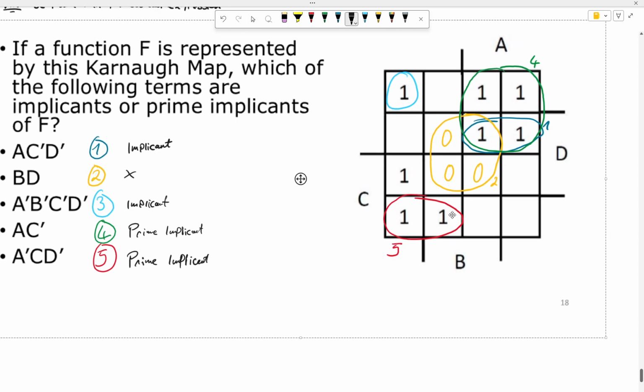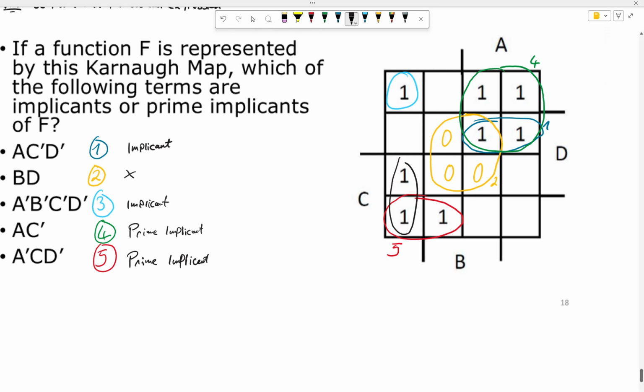This is the red group here. This includes two ones with no zeros, thus it is an implicant. It also is a prime implicant, as it cannot be larger. It can have a group like this, which is a possibility.